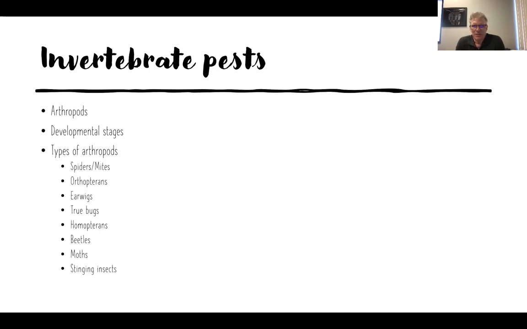Another type of invertebrate pest would be the orthopterans, which would be katydids, crickets, grasshoppers, things like that. They have chewing mouth parts, which they'll utilize to chew on the leaf blades and also possibly shoots and new growth. This could be very detrimental to plants, so it's another one of those that we want to really watch for and treat for.